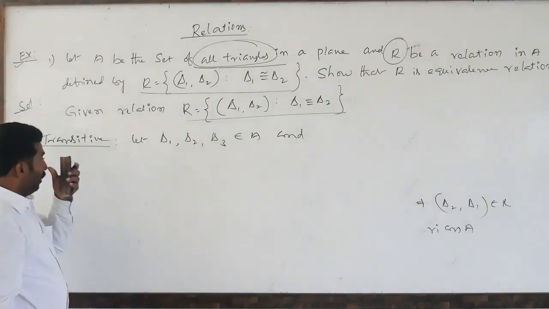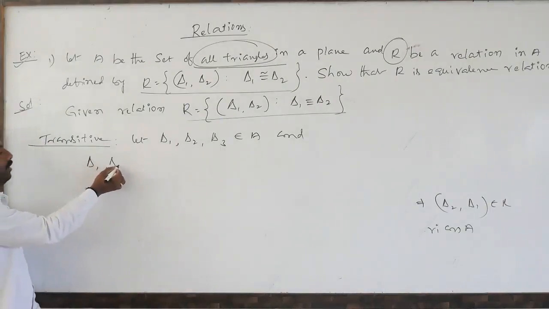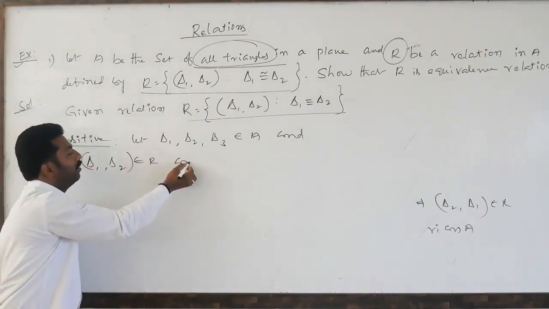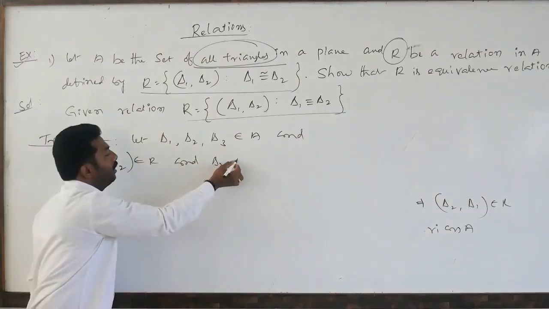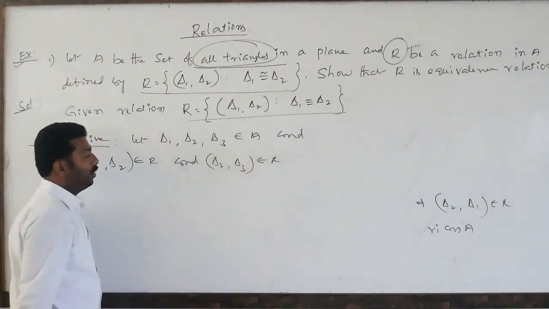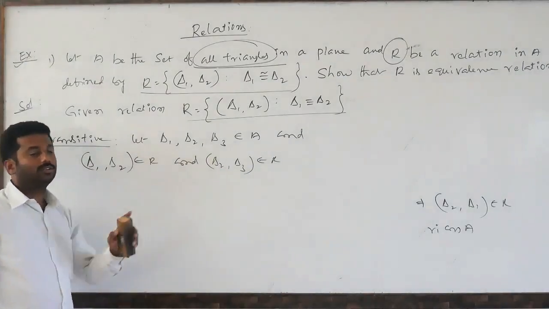Again, we have to assume there is a relation between delta 1, delta 2 and delta 2, delta 3. Then we have to prove there is a relation between delta 1, delta 3 also.